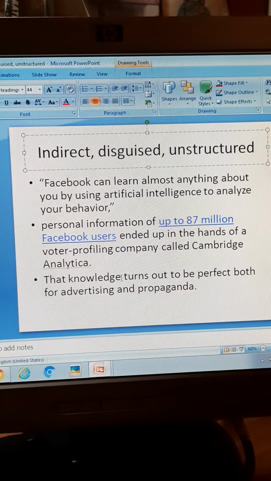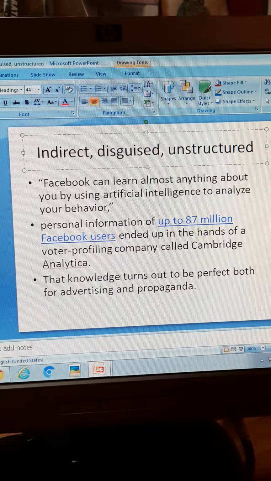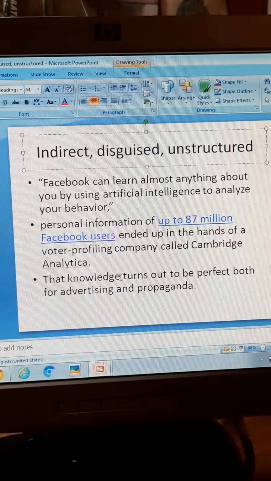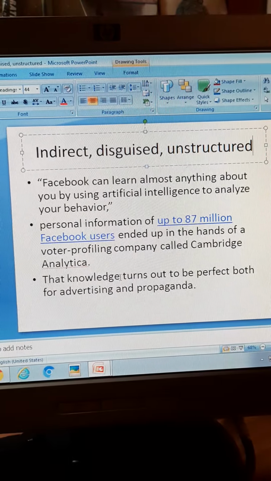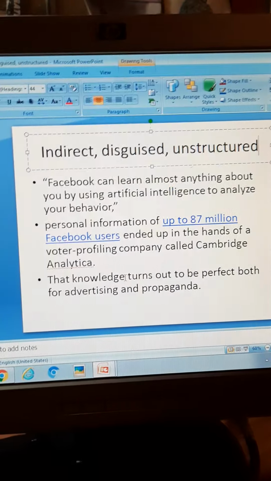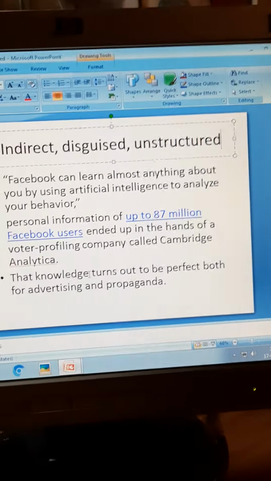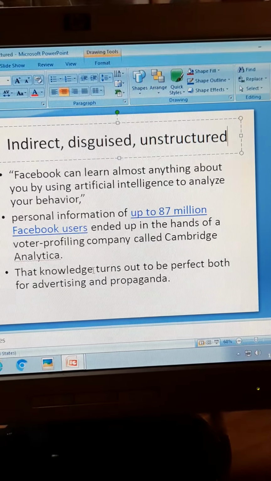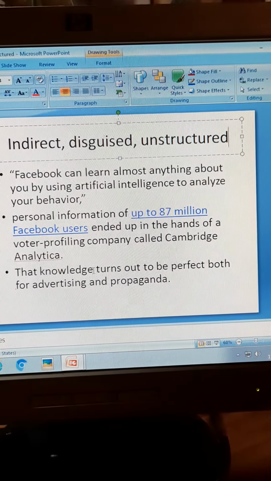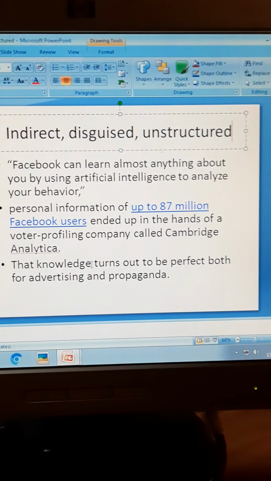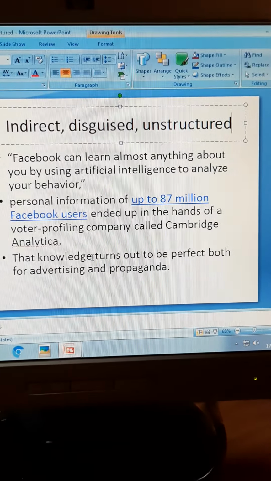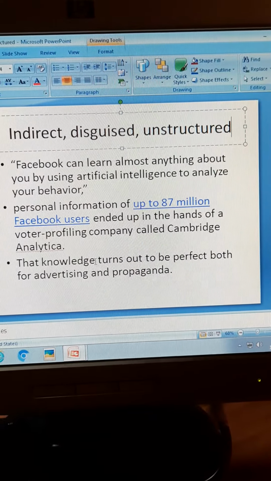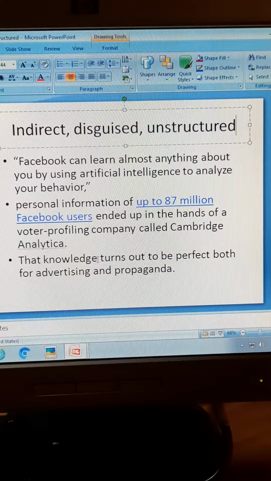So this was indirect, disguised, unstructured. They did not know, when they were collecting your pictures, your name, age, relationship status, how they'd be using it. So it was unstructured from their point of view. And indirect: they collect it, but they don't say that they're going to use it, and you don't know that they are using it for this particular purpose.